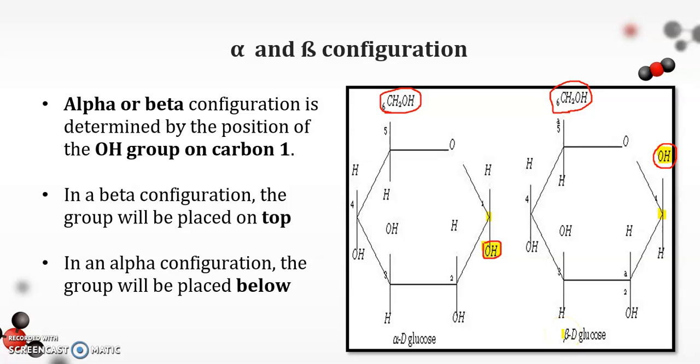On the picture, we can also see the highest carbon atom that bears our terminal alcohol. They are both placed on top, therefore, they are also in D configuration. The name of the first monosaccharide is alpha-D-glucose, whereas the second will be beta-D-glucose.